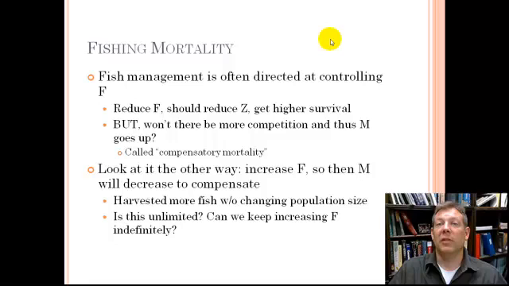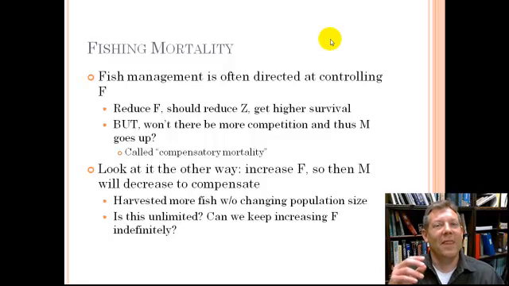And you're going to have lots of small fish, and so they're not going to be in that sweet spot of their growth pattern. Consequently, your population can decrease. So if you increase fishing pressure too much, to where the population starts to shrink, that's called recruitment overfishing. And that can be a big problem.